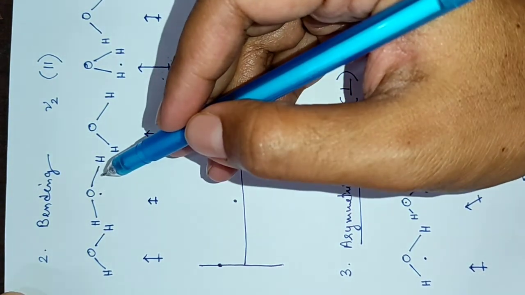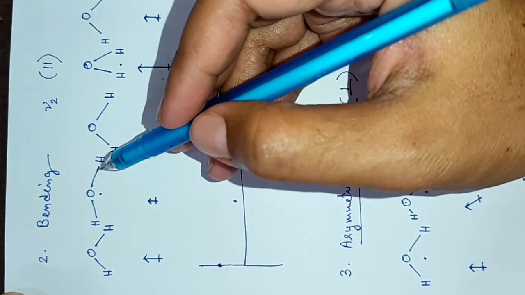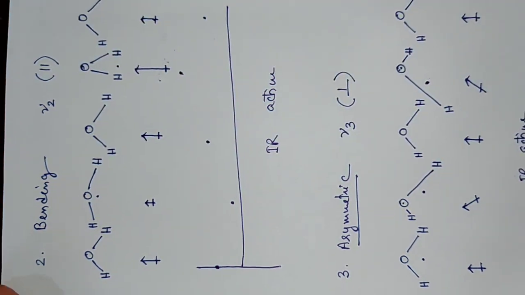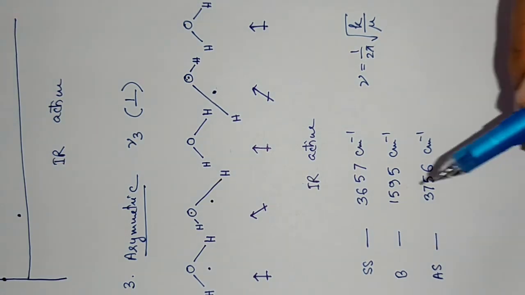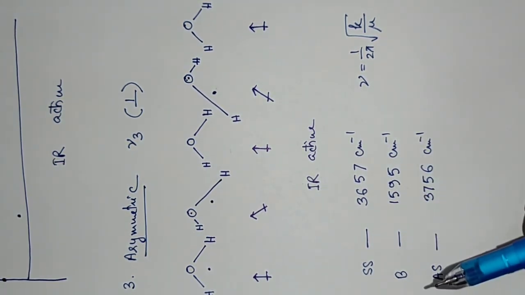So you are not performing any work against the nucleus. So in this case, the restoring force is less, the bond strength is less, hence the vibrational frequency is less. So that is the reason behind the lower position of the bending vibrational spectra.